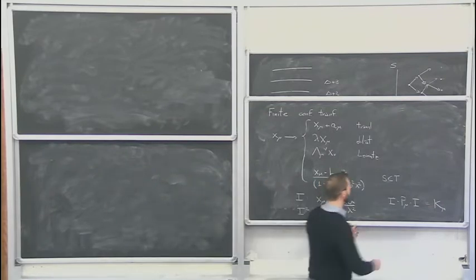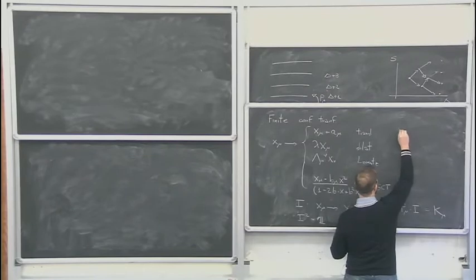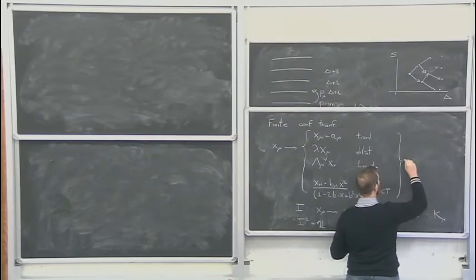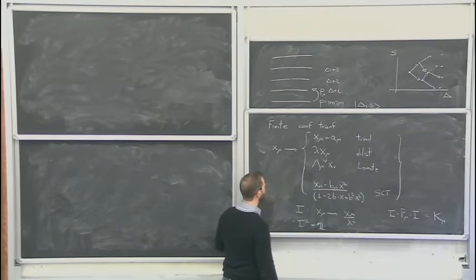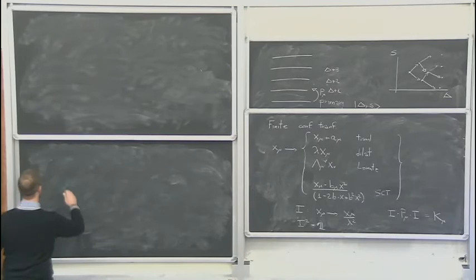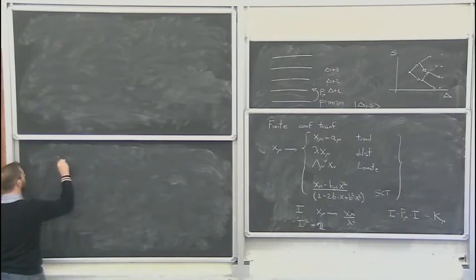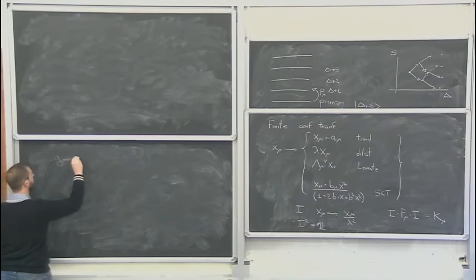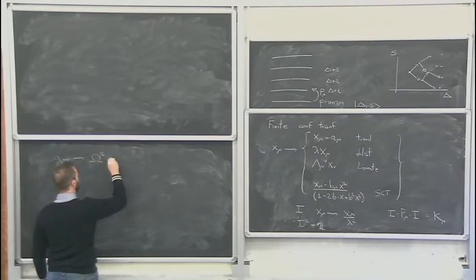If you have this transformation, you can show that the matrix g mu nu, let me write here. So under a finite conformal transformation, g mu nu, as we said by definition of conformal transformation, transforms like a factor omega squared, g mu nu again.